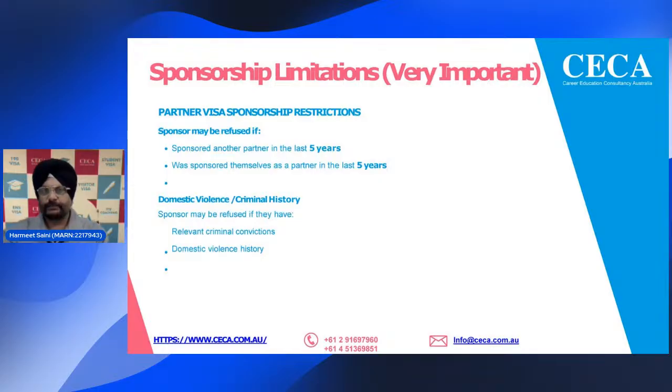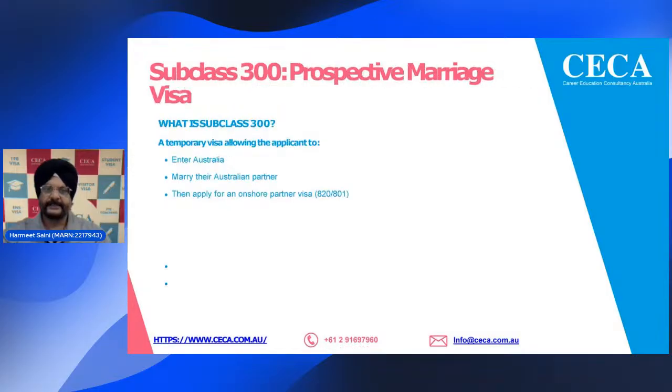Also, if they have been convicted of any criminal offense or any domestic violence charges, the sponsorship for a partner visa could be refused. This is very important and a very strict law in Australia against family violence.